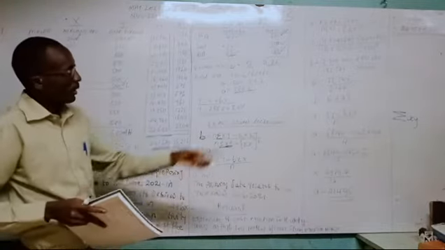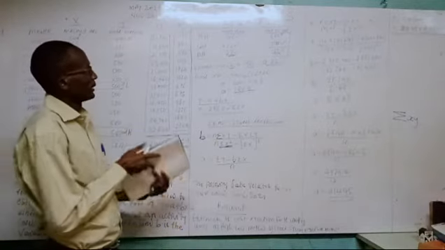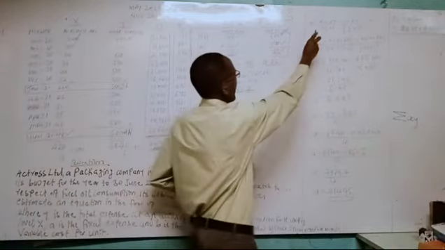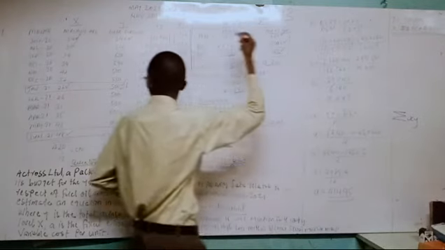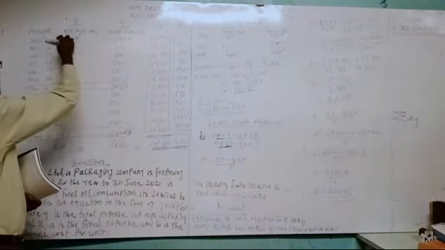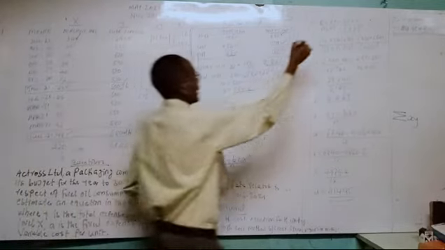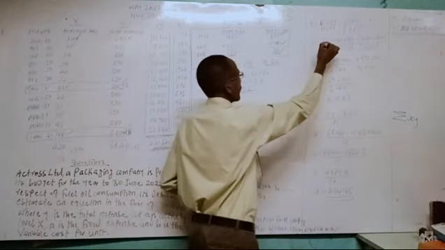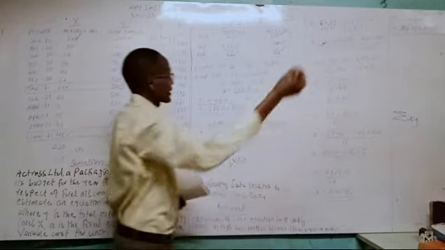Now the solution: n summation xy. What is n? Because we have 12 months: 1, 2, 3, 4, 5, 6, 7, 8, 9, 10, 11, 12. So that is n. So our n here, we substitute with 12 months, times summation xy.